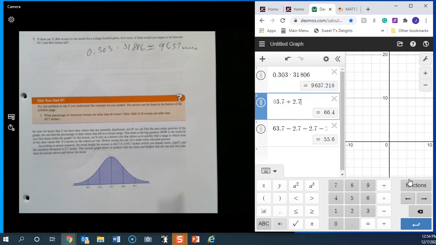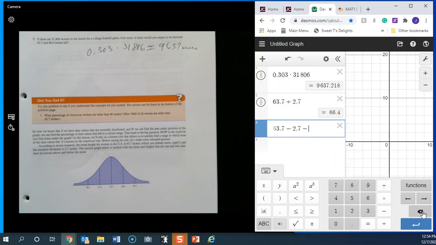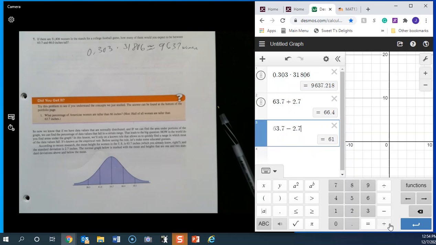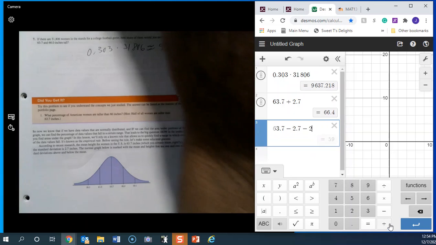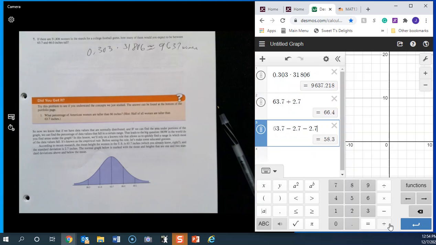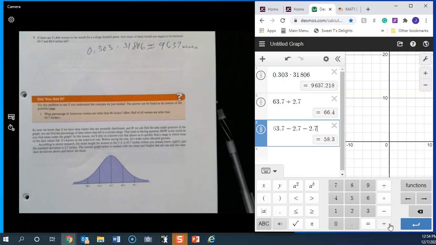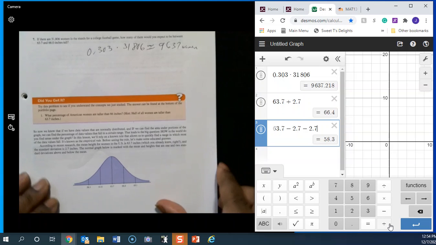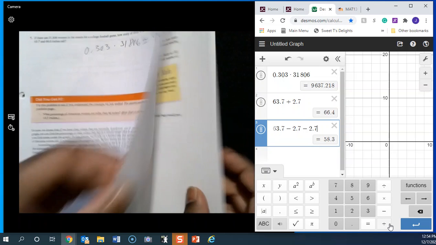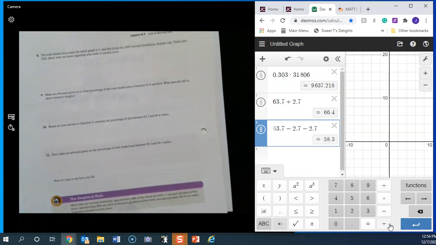So you see, this is how they got the numbers. Now below, one standard deviation below gave us this 61. 2 standard deviations below gave us the 58.3. So that is how they got the numbers. Now, we move on to the next page.